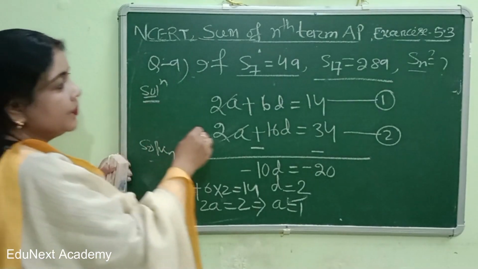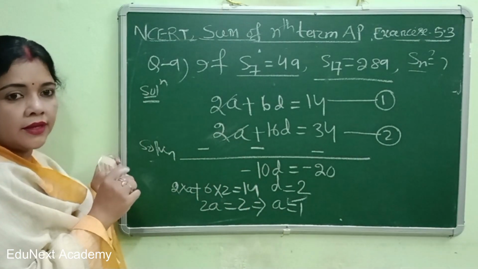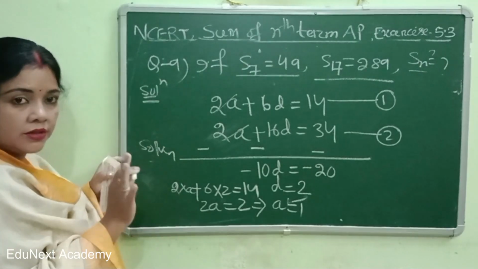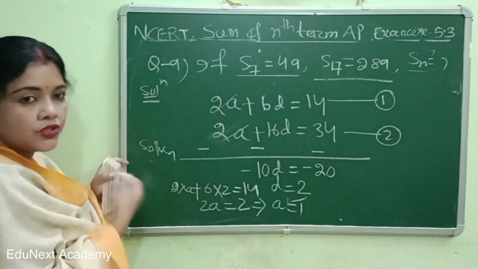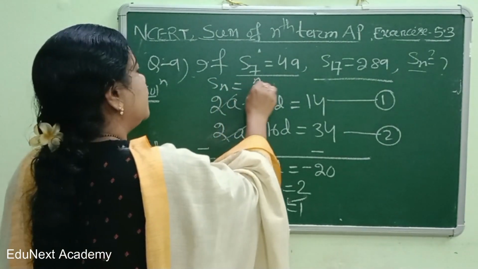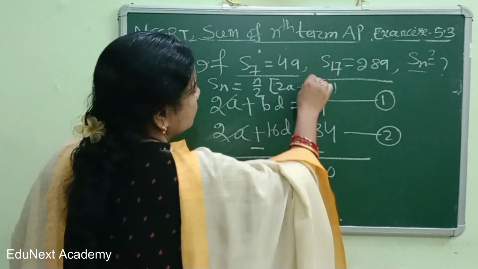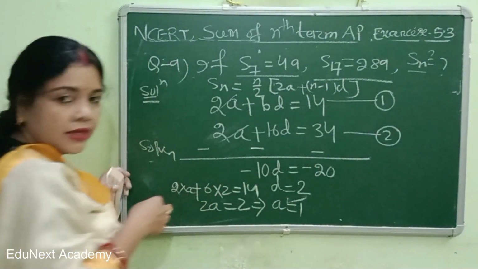Now we have to find Sn. Here n is not calculated, we just have to put in the formula. So Sn is nothing but n by 2 whole into 2a plus n minus 1 into d. This is the formula.